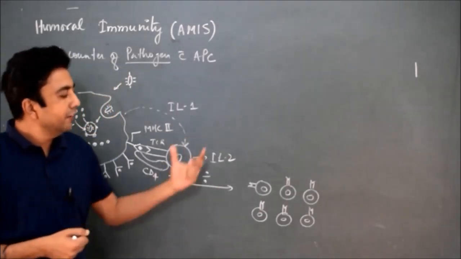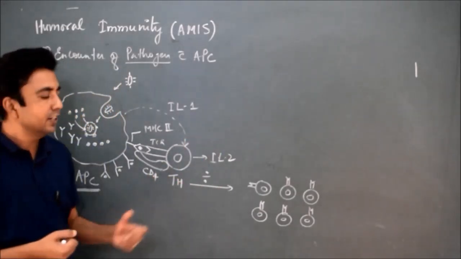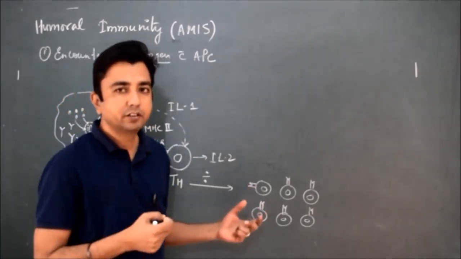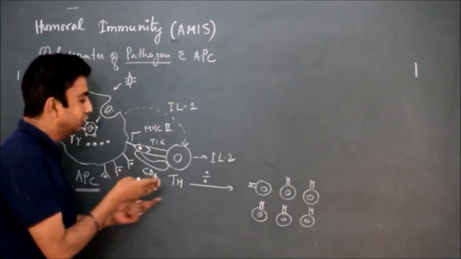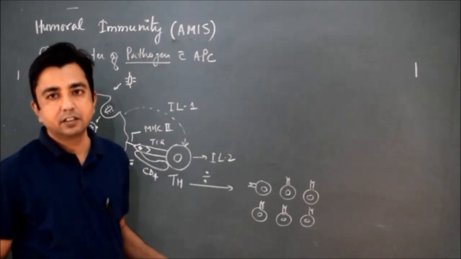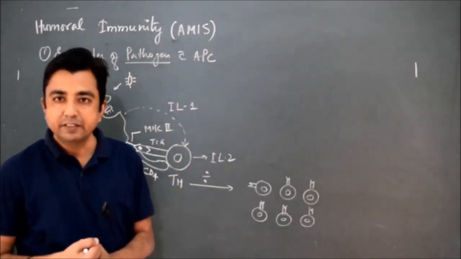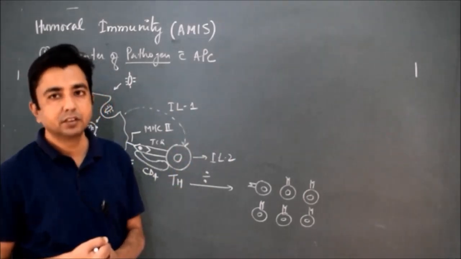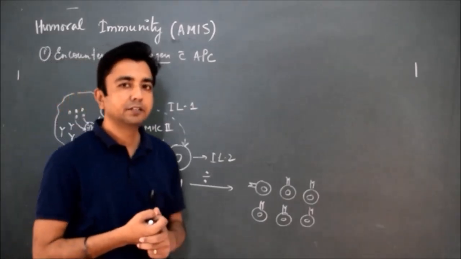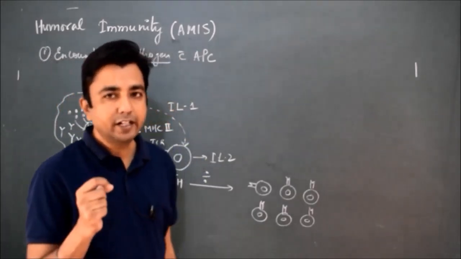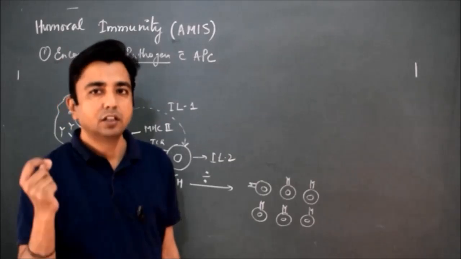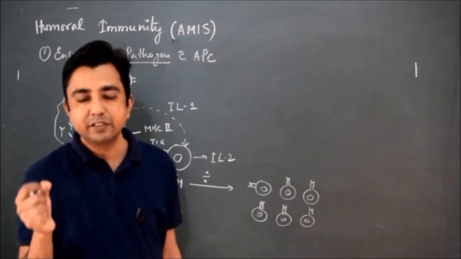Now, we have another cell, the B cell. As I said, in the lymph node, if APC approaches T cells, there are also B cells present. But if you remember, I said that B lymphocytes or B cells are also considered as antigen presenting cells.